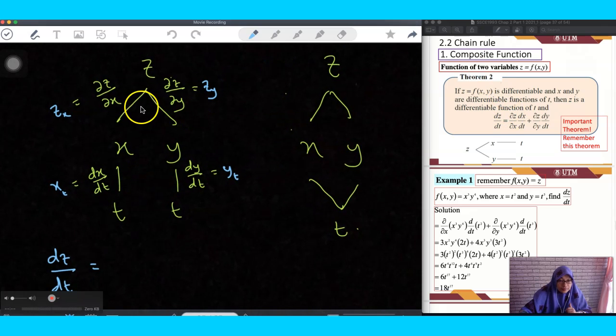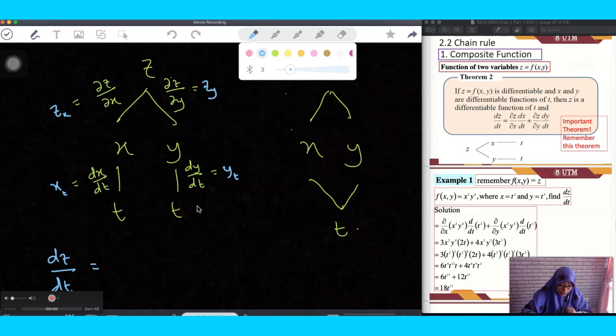Now you can see from the chain it's split into two, right? So that means in your formula you should have two terms: the first one is everything belonging to X, and the second term is everything belonging to Y. It's just like you want to go to T. You are here, so this is the ideology.